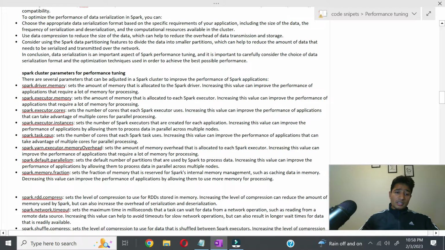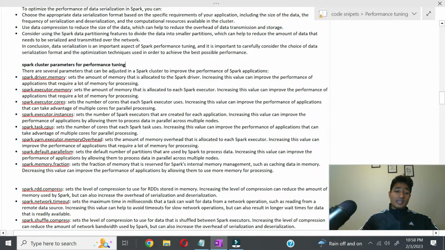Executor cores. Spark executor cores gives the number of cores to each executor, and increasing it might increase the performance as well, by enabling parallel processing. Executor instances. So one is executor cores and the other is Spark executor instances. This sets the number of Spark executors created for each application.